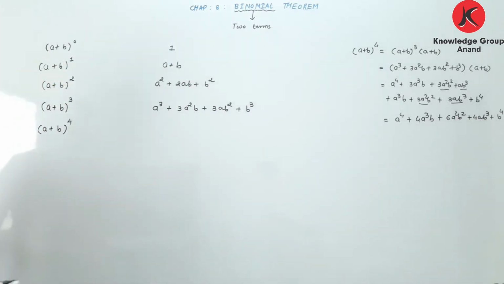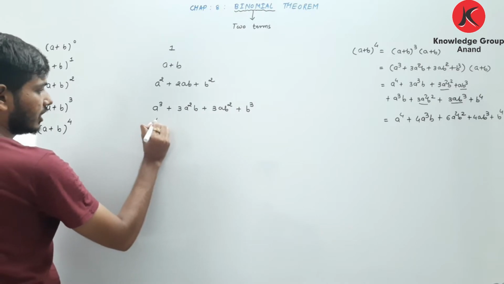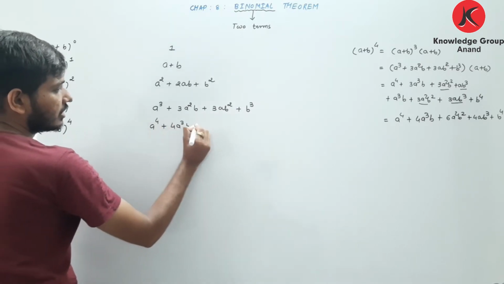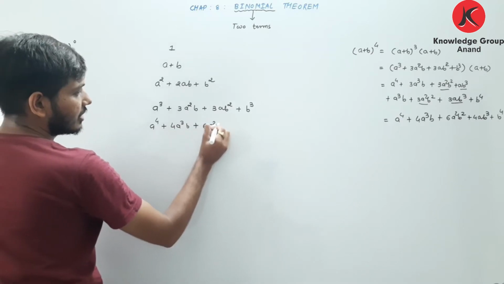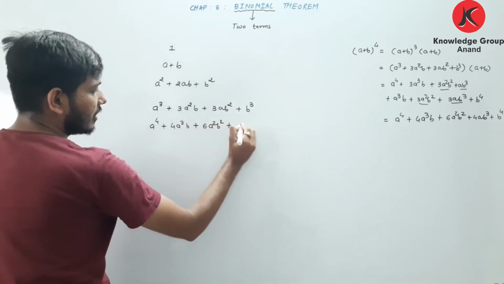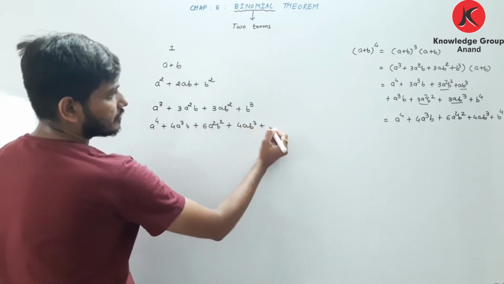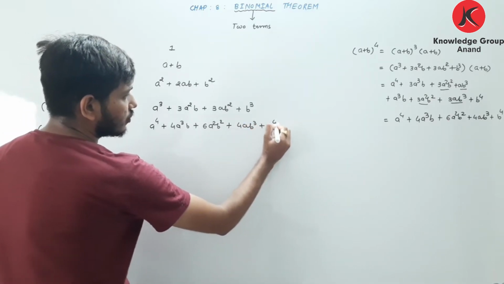Okay, therefore a plus b whole raised to 4 equals a raised to 4 plus 4a cube b plus 6a square b square plus 4ab cube plus b raised to 4.